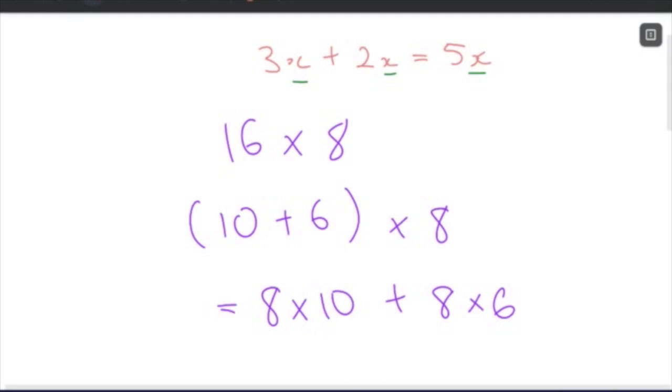Now, what I just did is I broke up 8 times 16 into two separate sums. And we notice that 10 and 6 add up to give us 16. That is why algebra works.